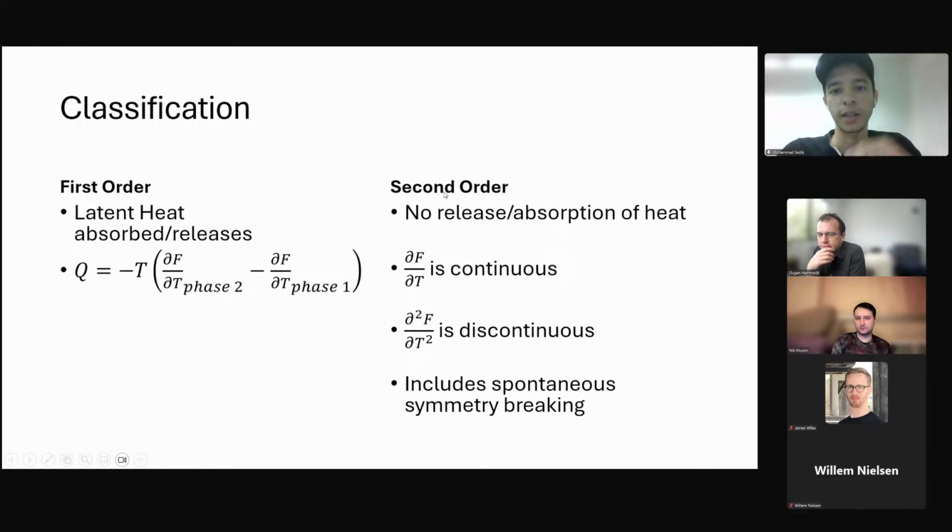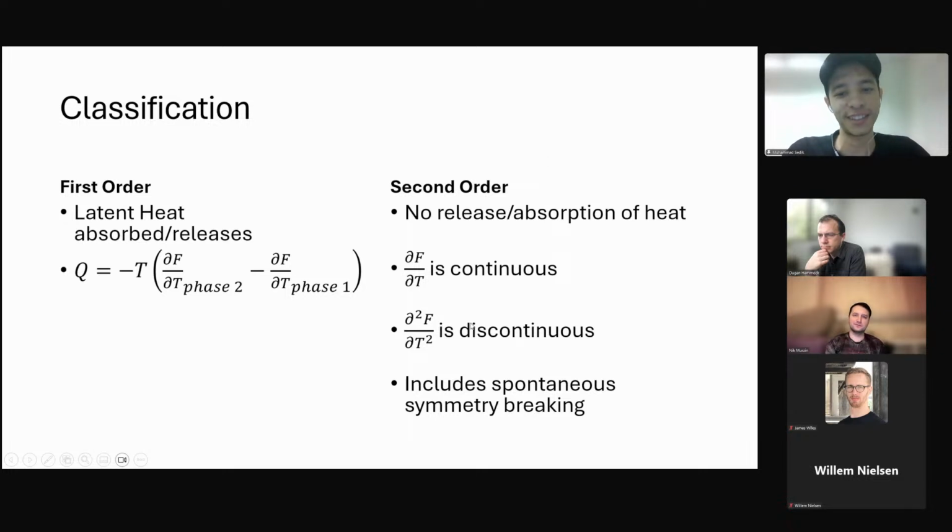There are also cases where the first derivative of the free energy is continuous and the second derivative is also continuous, but the third is not. So you could call it a third order phase transition, but people, when they see this, will just say second order phase transition. It seems like in the literature, the phase transition community just decided that things are either first order or second order.